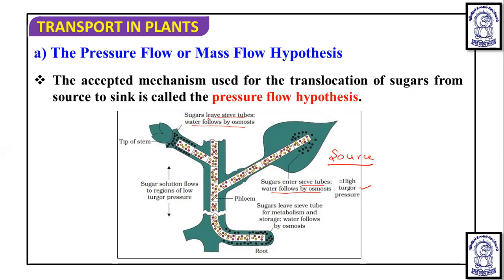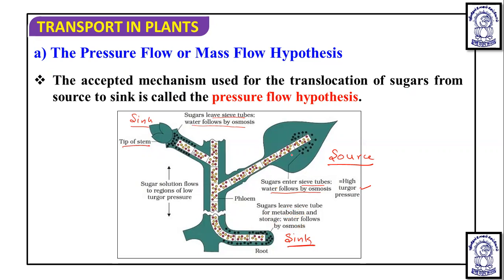So here the sugar is leaving the phloem and reaching the tip of the stem, so here it is a sink. But here it is entering the sieve tube, so it is a source. And here also you can see sugar leaving the sieve tube for metabolism and storage and water following by osmosis, so here also it is going to be a sink.